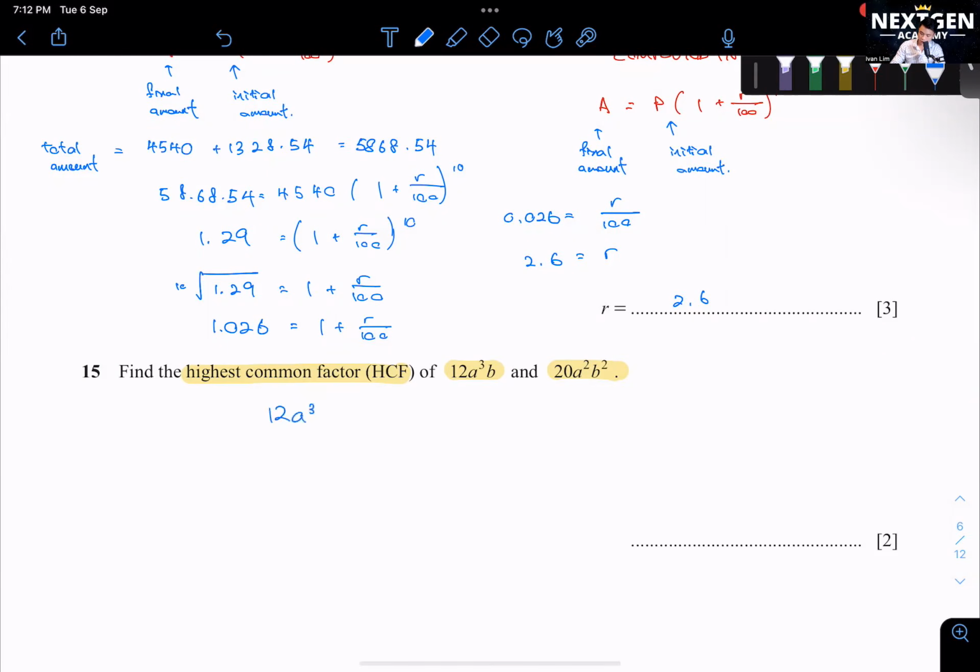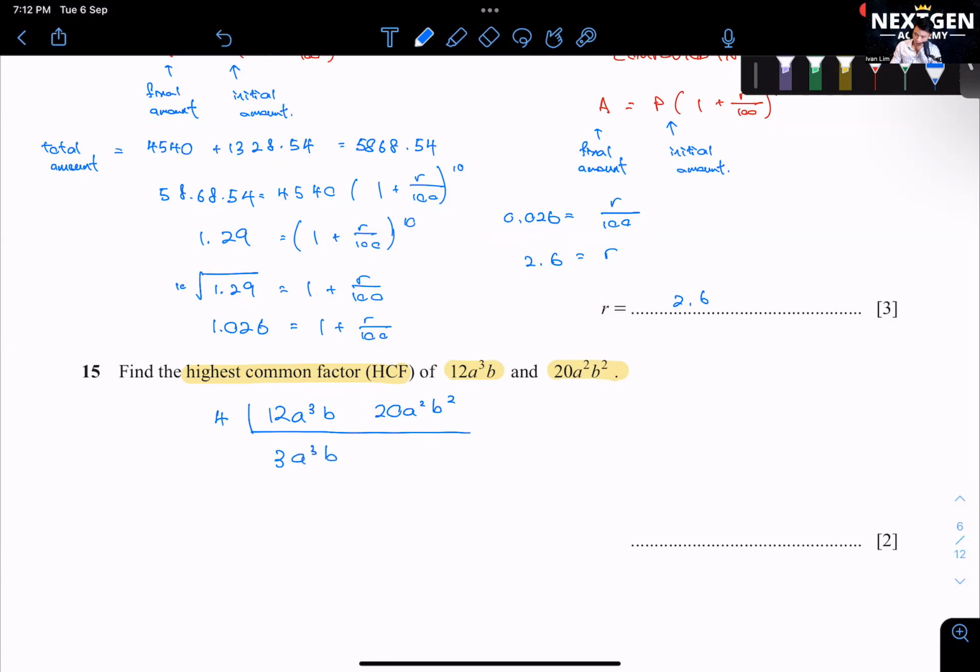So 12a cubed b, 20a squared b squared. You ask yourself, what are the common factors? I have 12, I have 20. What can I factorize? Maybe I can put a 4. Then this one will be 3a cubed b.